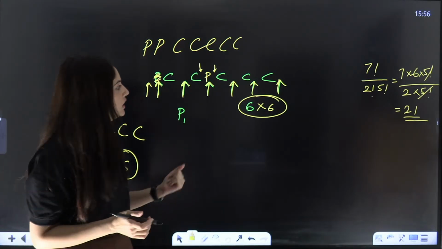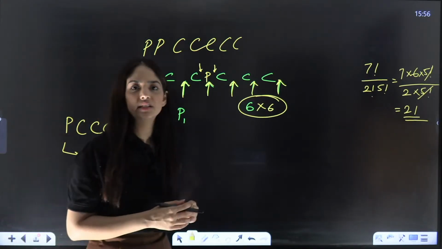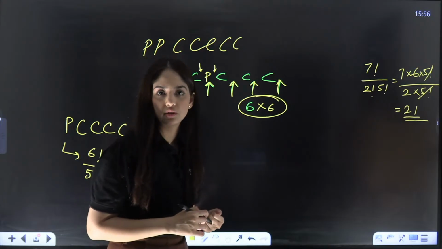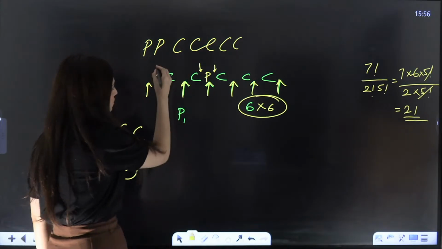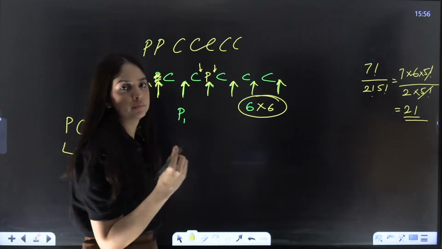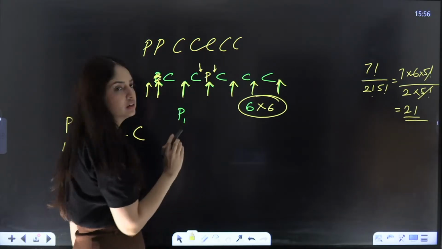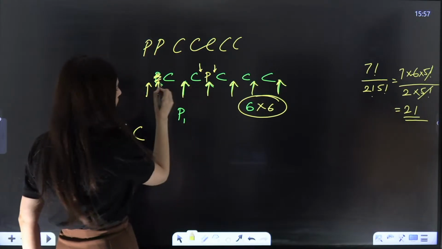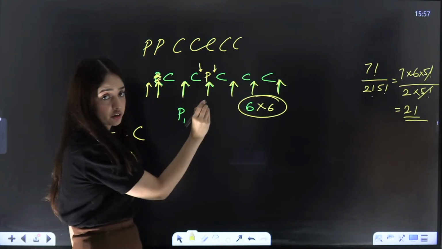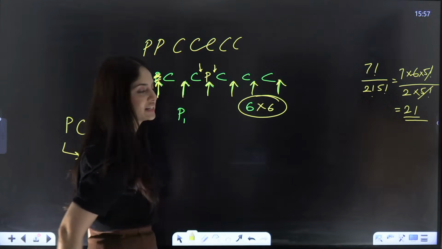I am saying the second P also has the same number of options. If I had placed the first P here, then the second P also has these 6 options.